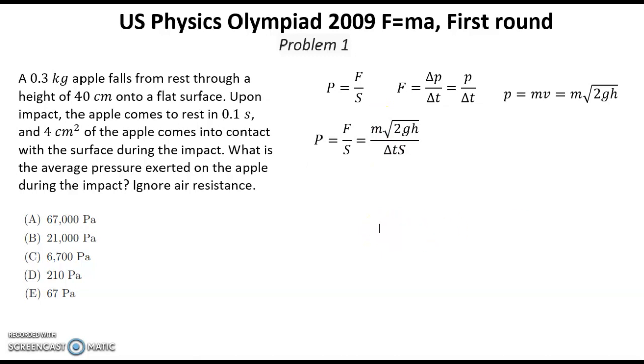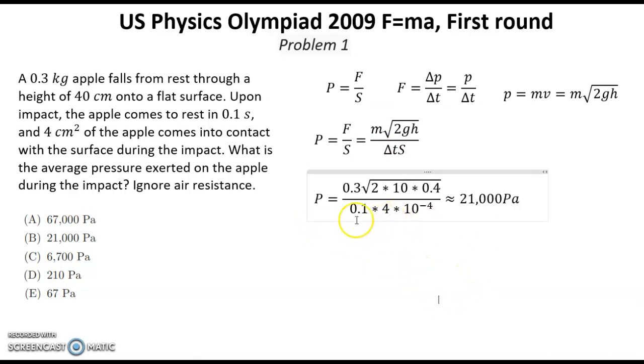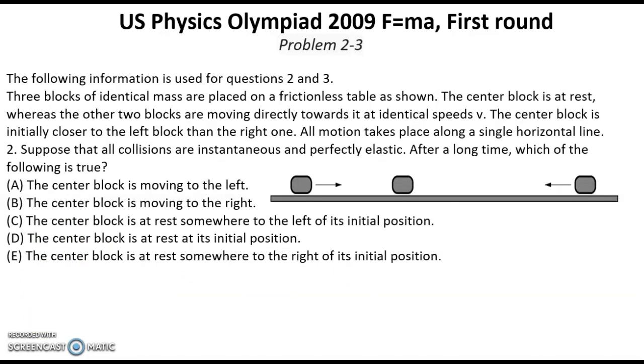Or we can use numbers. That will be the solution. We need to convert all units to SI units, meaning kilograms, and centimeters to meters. The final result will be this one, which is approximately 21,000 Pascal. So that's the solution. B is the correct answer.